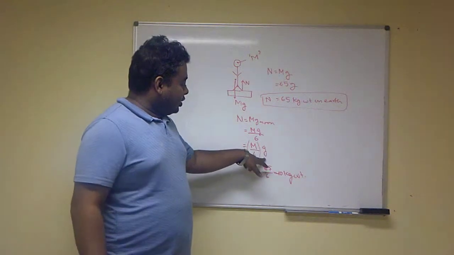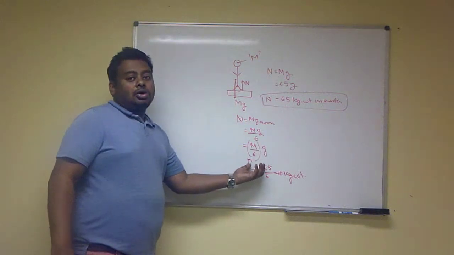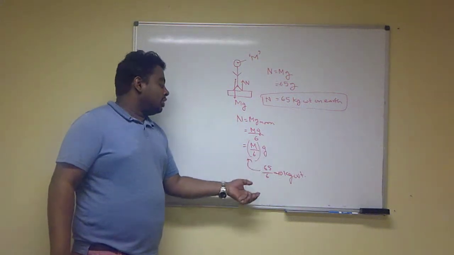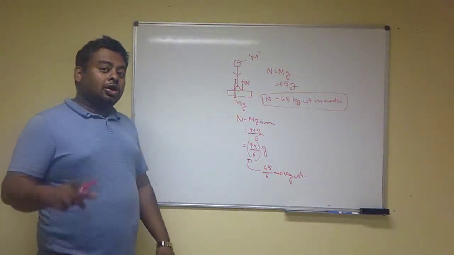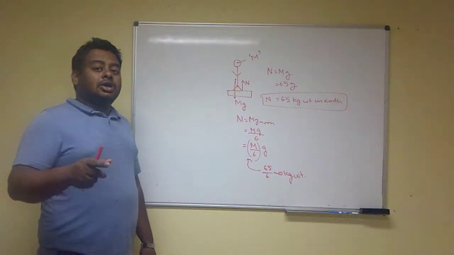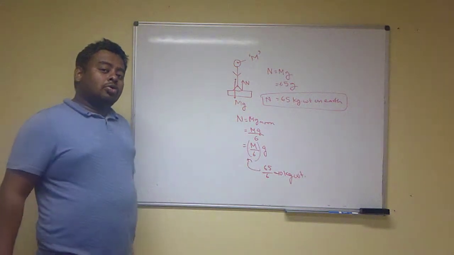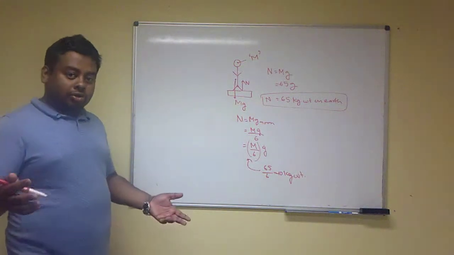So you take that g common and put all your parameters on the mass side of the equation, and you say that you are 10 kg weight. 10 kg weight still would mean that you are a 65 kg person. It's just that the force will be 10 times 9.8 Newton, so you will be around 98.